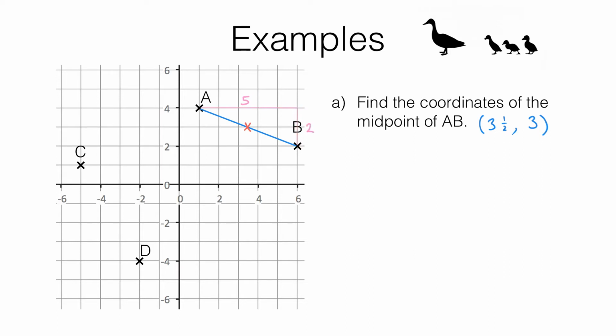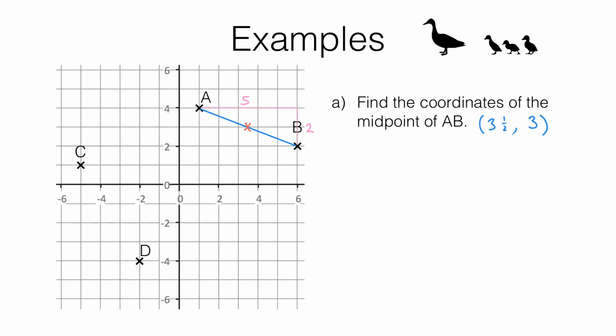Now to get halfway along from A to B, what I need to do is go half of 5 along, so that would just be 2.5 squares along. And then instead of going 2 squares down, I need to only go half of that down, so only 1 square down. And that gets me to the midpoint. And then I can read the coordinates of this to get the same answer that we saw earlier.